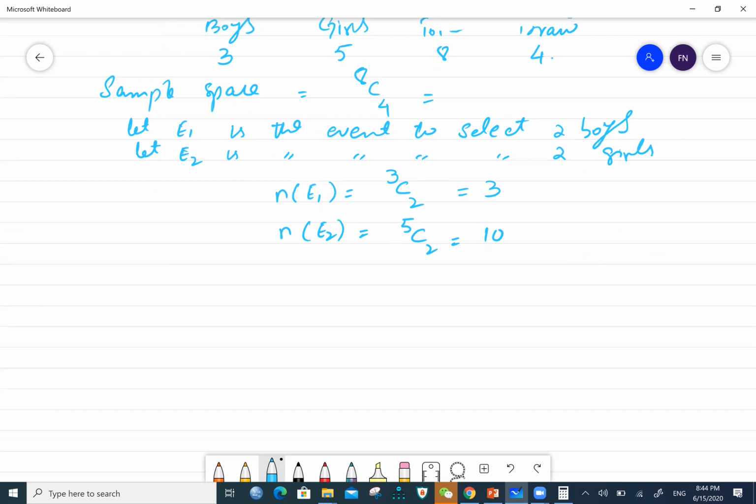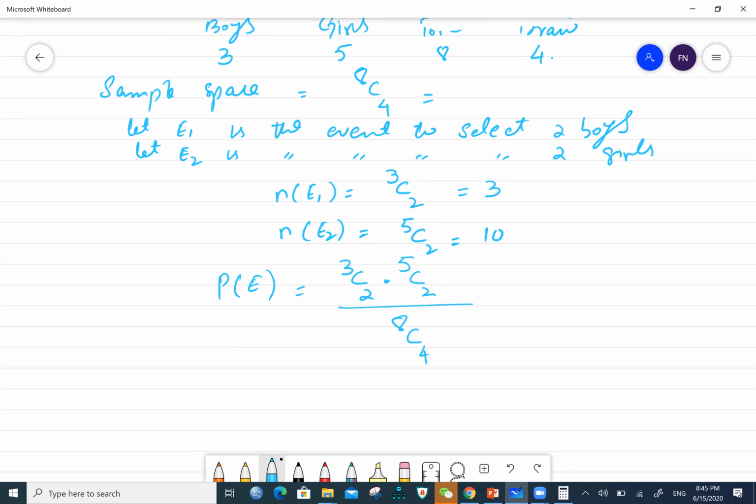So according to the fundamental principle of counting, the probability of finding E is the total number of outcomes of the first experiment, 3C2, times the total number of outcomes of the second experiment, over total number of outcomes, total number of possibilities, 8C4.